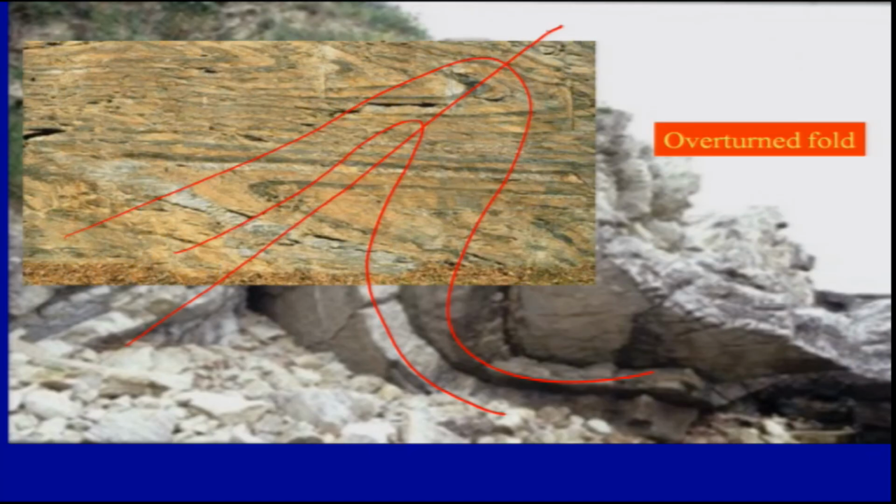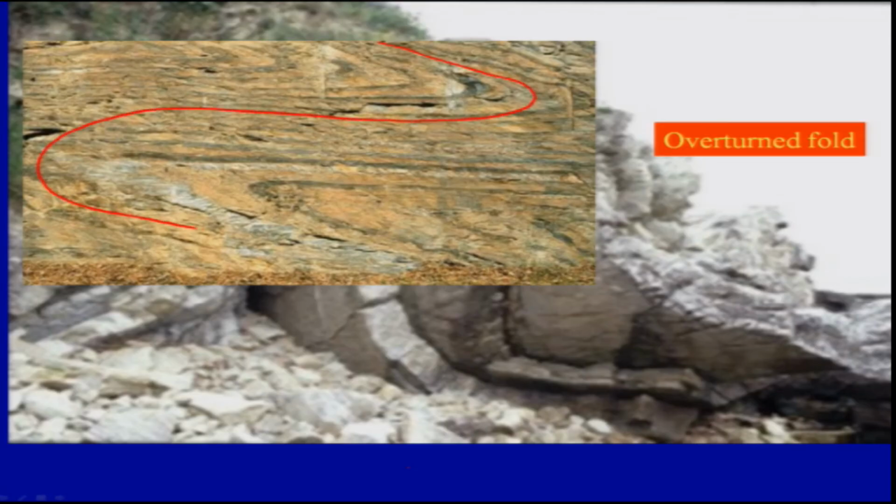Now suppose it is getting folded further. If you look at this photograph, what you are able to make out is this limb of the fold which is coming here and then getting here.